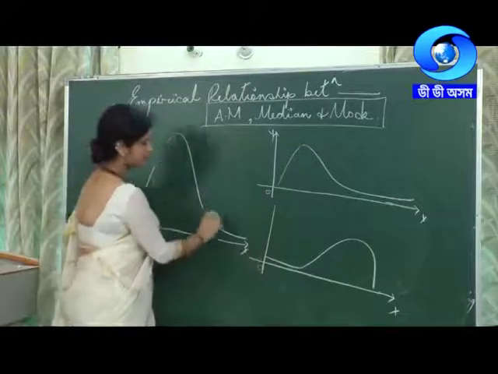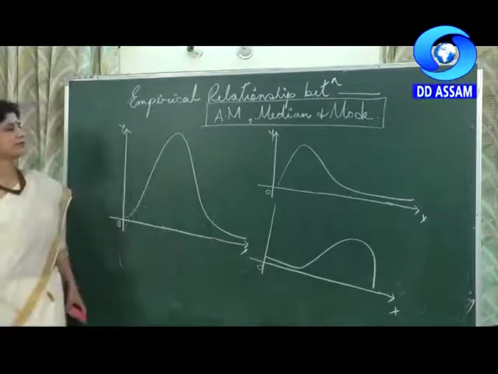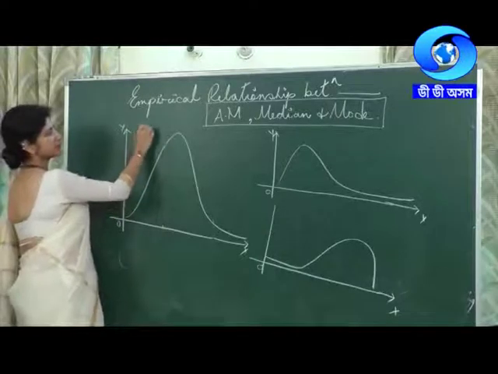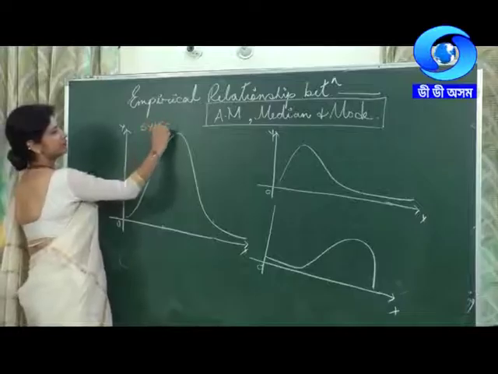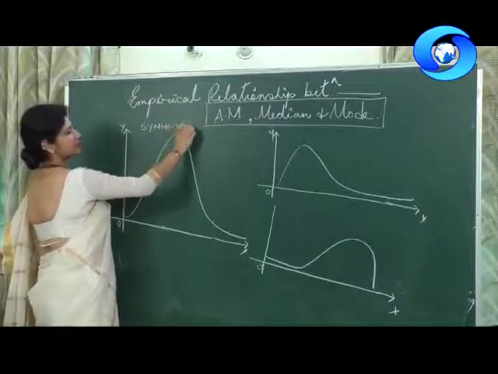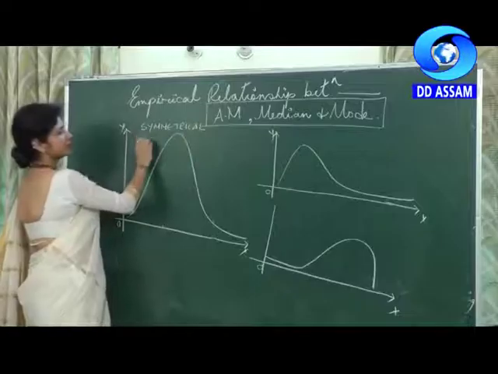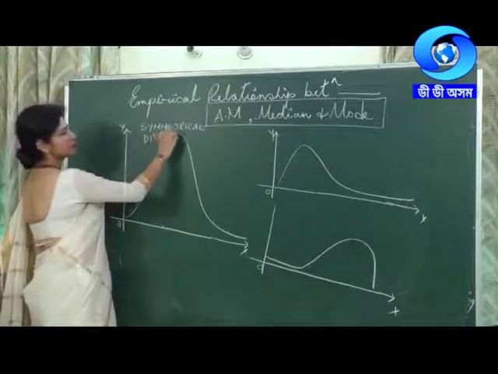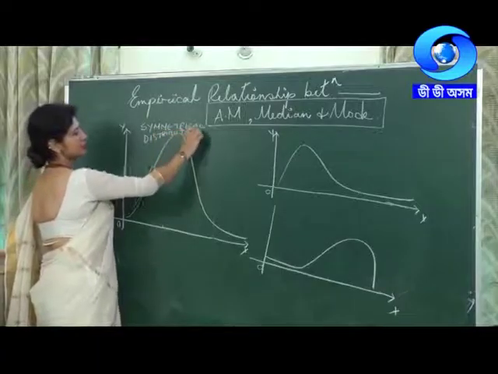So here you see, this is the bell-shaped curve, or this is the curve for a symmetrical distribution. This is called a symmetrical distribution. If you have a curve of this shape, you will call this particular distribution to be symmetrical.